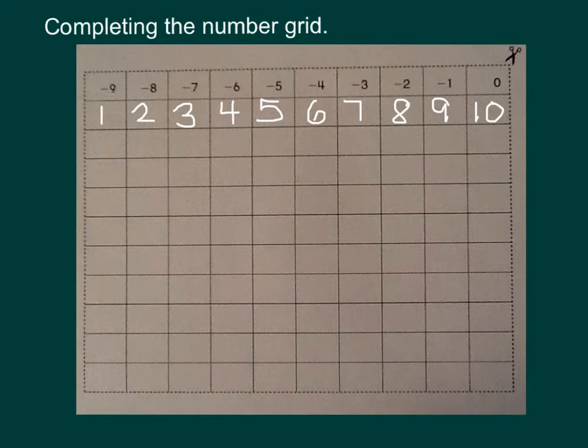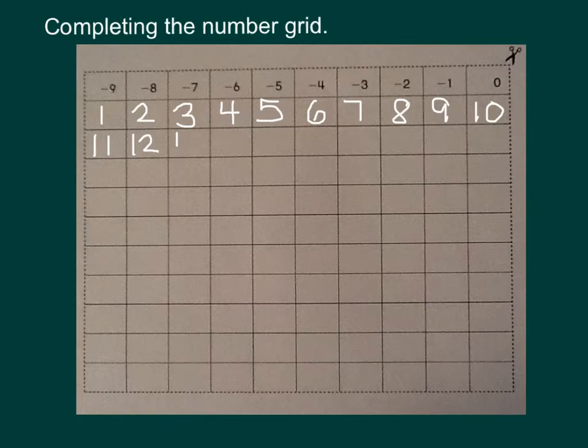Now let's take a look at the next row. We're starting here with 10, and we're going to think, okay, I'm at 10. What comes next? We go down to our next row, and the number that comes next, of course, is 11. And then, boys and girls, if we add one more to 11, we're going to have the number 12.